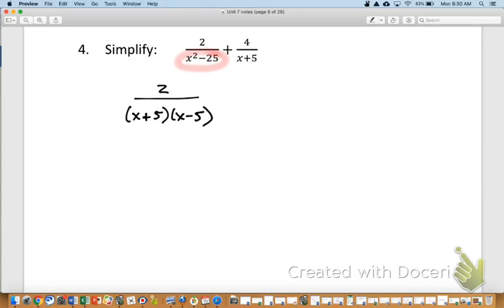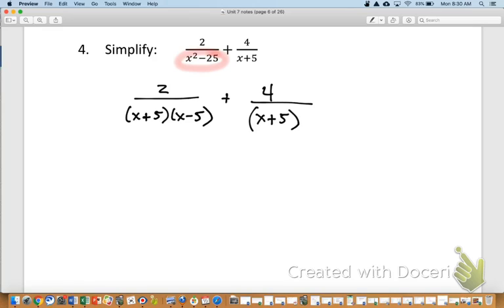You could use the boxes. We need to be able to get to a place where that's factored. Plus, over here, the x plus 5 is already a simple factor. I'll leave it as is, and I'm going to put that in parentheses because I've already seen what I'm going to do. I've got 2 denominators now. Do you see what that least common multiple would be?